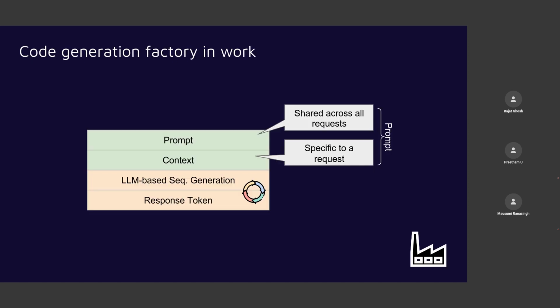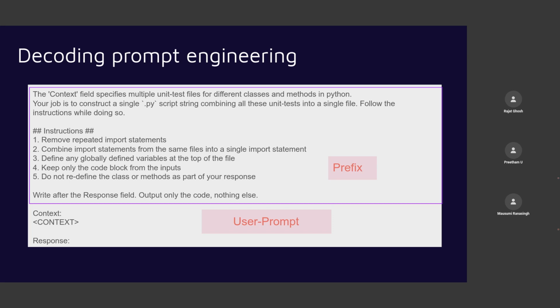That prompt and context. The prompt is basically for the code generation piece. This is your very standard stuff; we also call it the prefix. It is invariant across all requests: whatever request comes, you use this prompt for the given task.